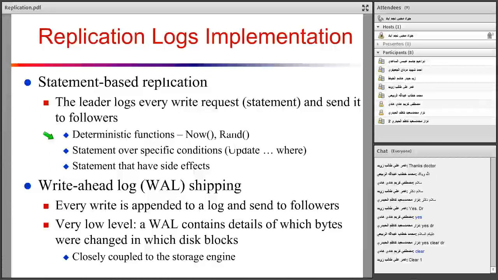After that, I talked about write-ahead log shipping, or WAL shipping.